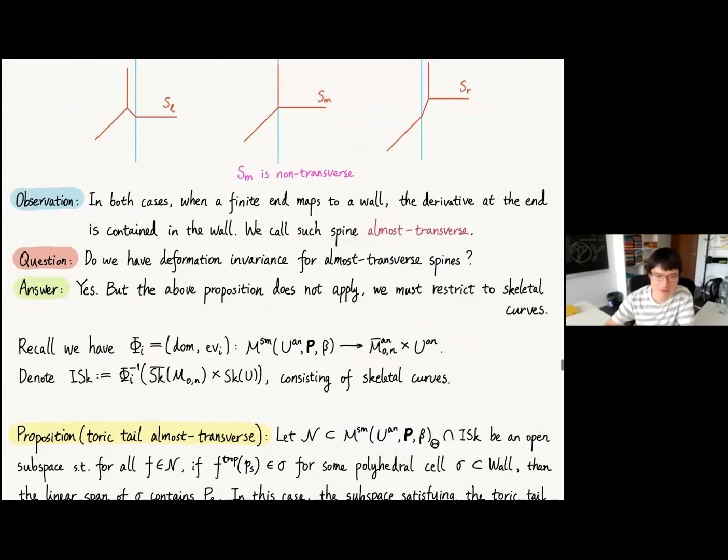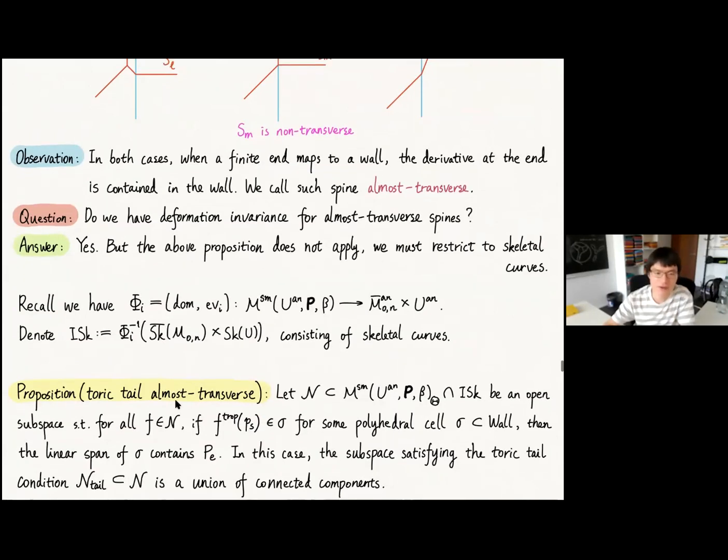Now, here is the proposition: toric tail for almost transverse spine. Let N be a subspace of M smooth with good domain modulus intersect ISK, that is, we only consider skeletal curves, be an open subspace such that for any f in N, f trop of PS lies in some polyhedral cell sigma of the wall.